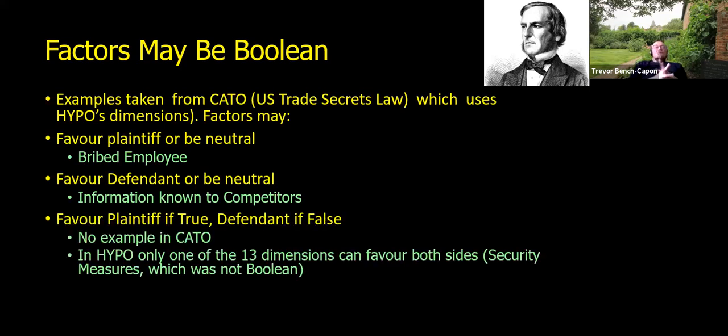Or they might favour the plaintiff if true and the defendant if false. In fact, there's no example in Plato, and in Plato, only one of the 13 dimensions can favour both sides: security measures, which in fact is a range, not a Boolean fact. And in Plato, 10 of the 13 dimensions are Boolean and 3 are ranges.